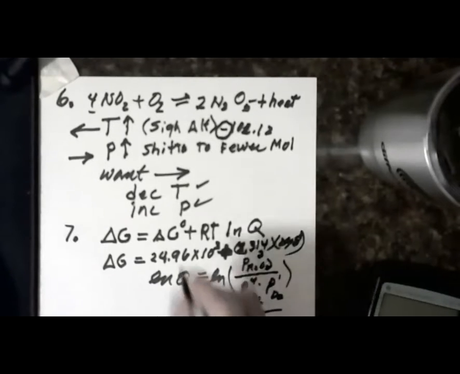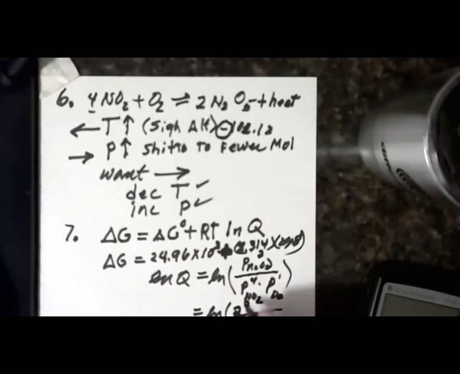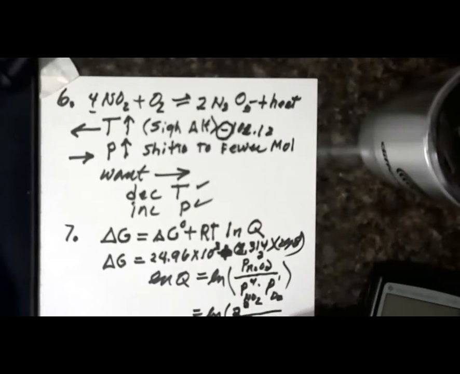The square is for the balancing coefficient. Pressure of NO2 is 4, and that's going to be to the 4th power. And oxygen is 1 atmosphere to the 1 power, okay? So I've got 2 squared divided by 4 to the 4. Okay, so let's do that. 2 squared divided by 4 up arrow 4.